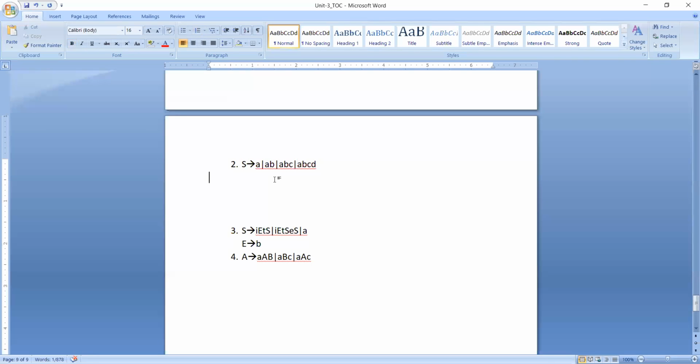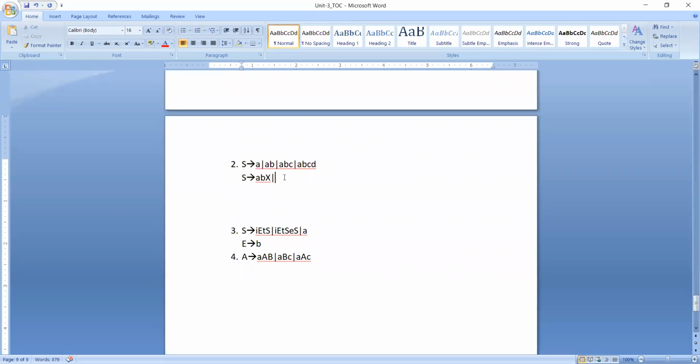Yes or no? Now what can I do? I can take that AB as alpha. So S derives to AB as alpha. Now I am going to introduce a new variable capital X, and this small a is going to act like a gamma.